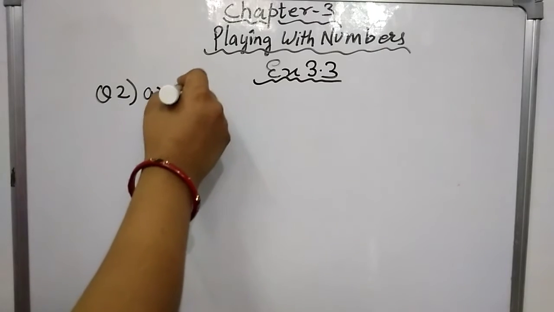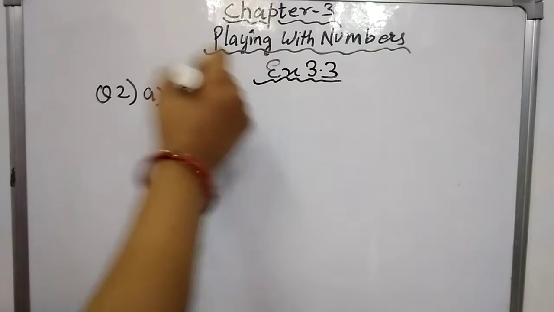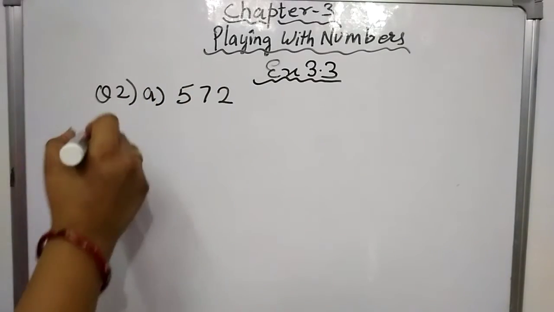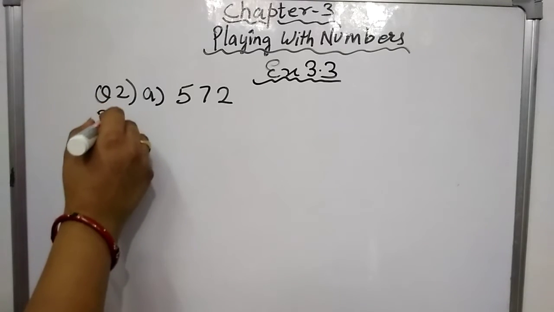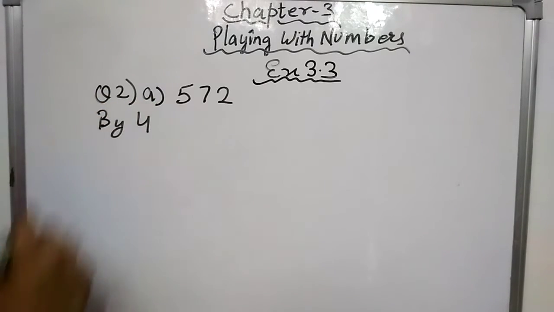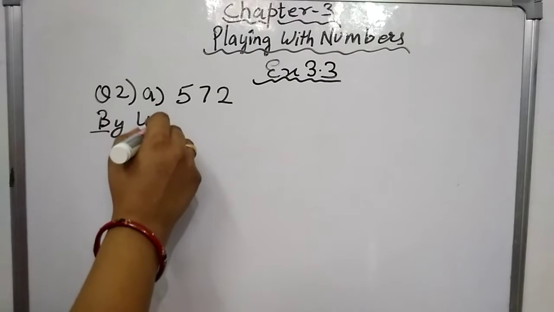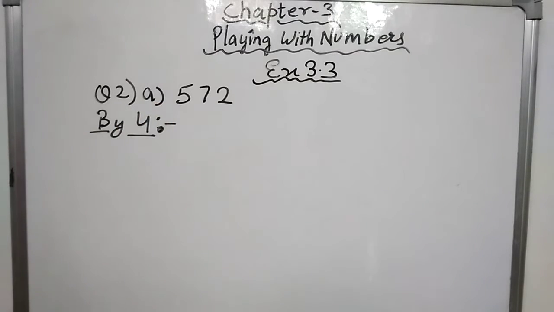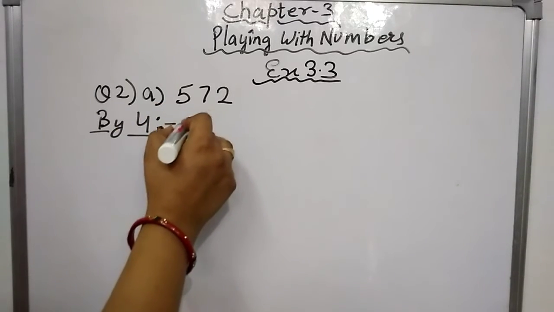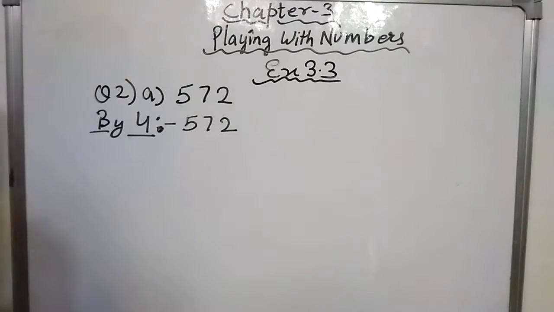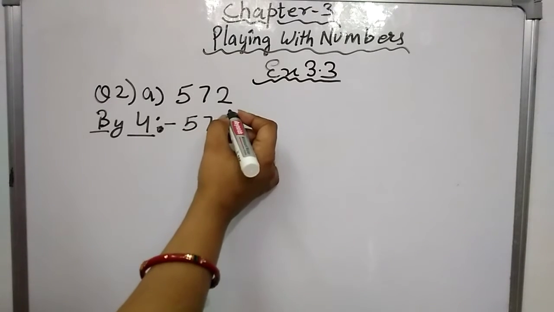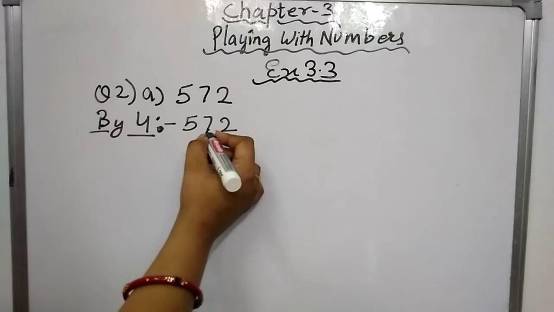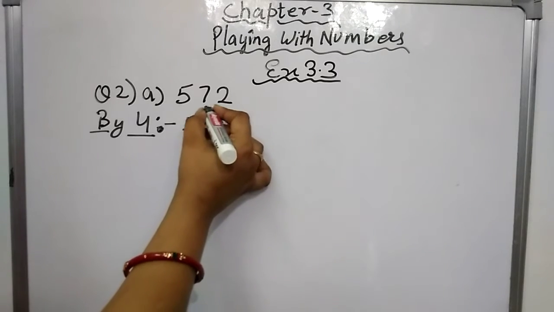Part A, number is 572. Let's check divisibility by 4. Test of divisibility by 4 says, consider digits at ones and tens place.